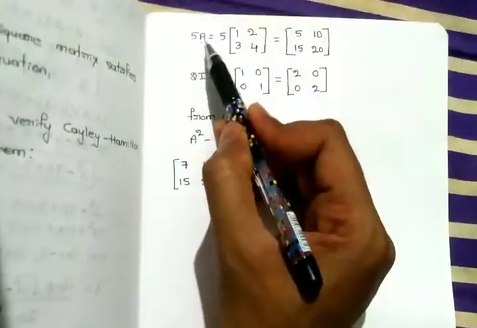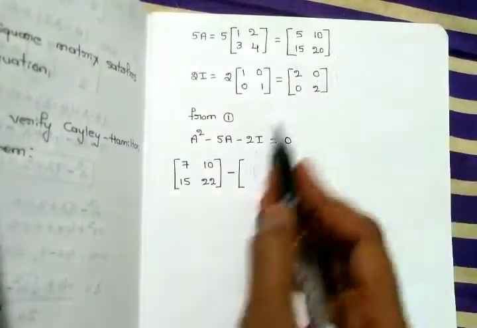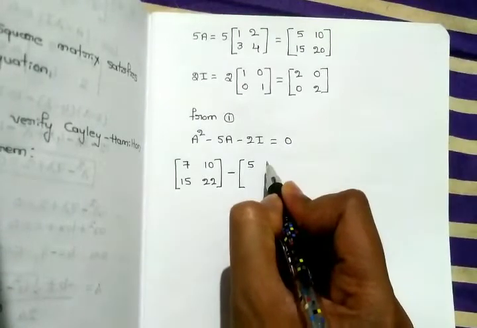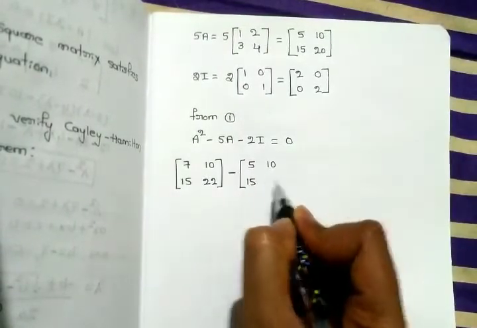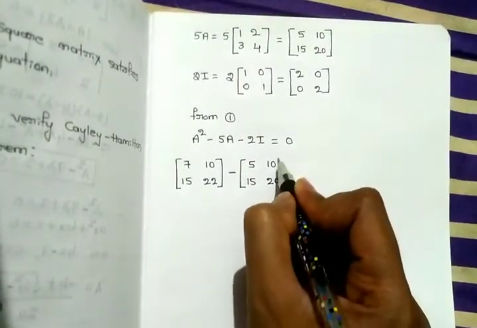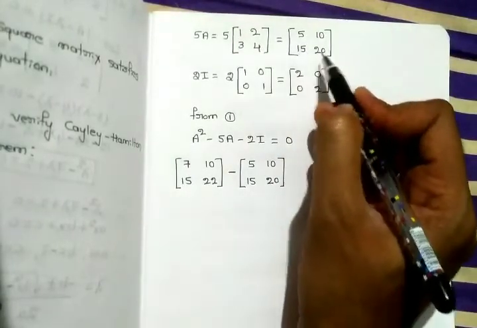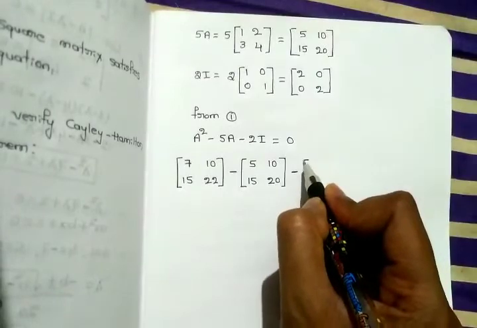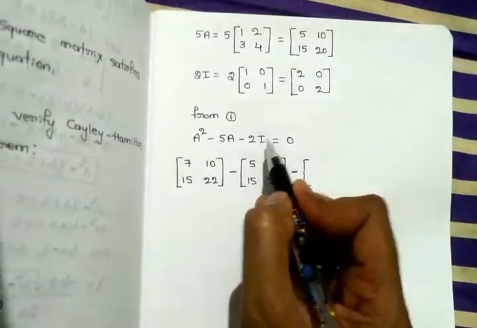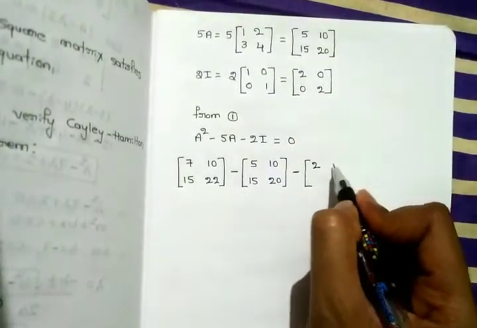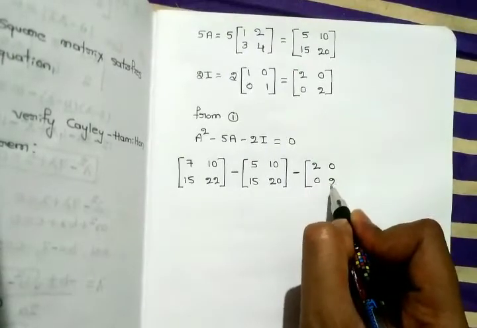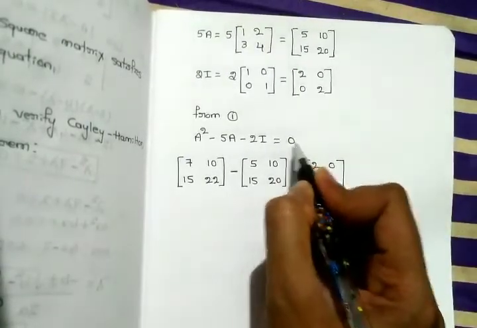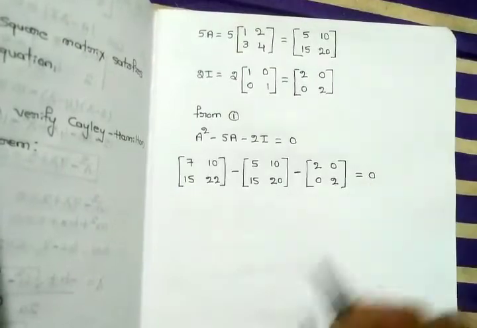So here it is 5A: 5, 10, 15, 20. Next, negative sign, keep the negative sign as it is. Next, the 2I value. What is the 2I value? 2, 0, 0, 2. Equals 0.